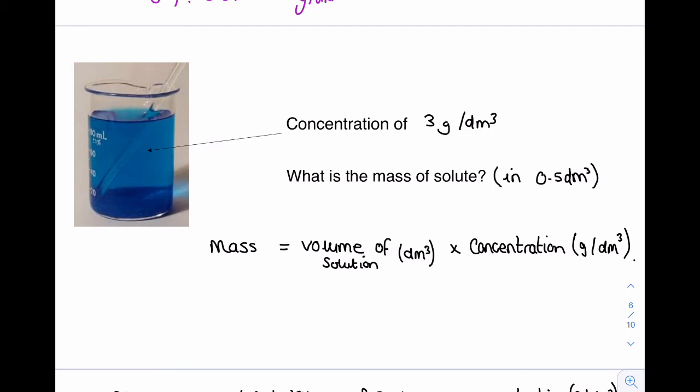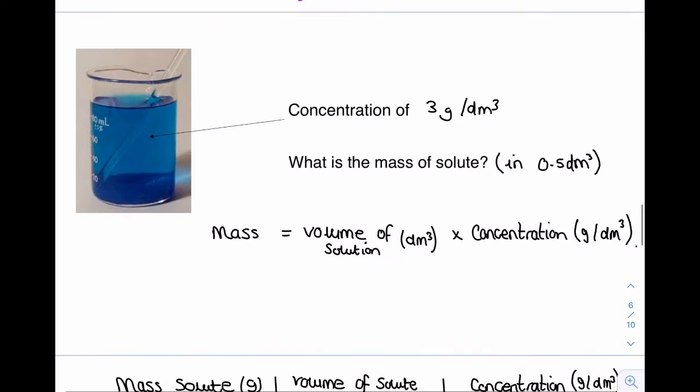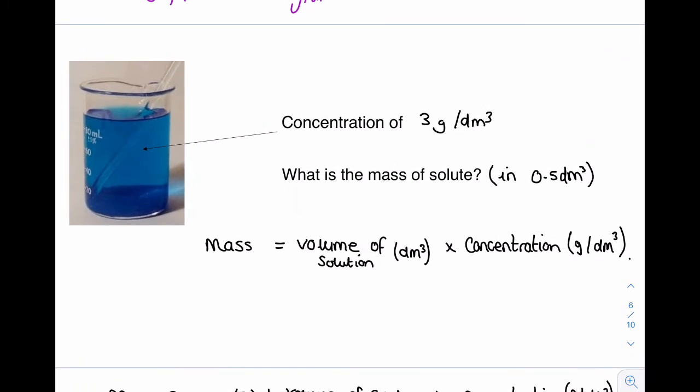So you're multiplying the numbers this time. You need to be aware that the volume of a solution still needs to be in decimetre cubed. So if you see centimetre cubed, you need to make sure you're dividing by 1,000 before doing the multiplication.